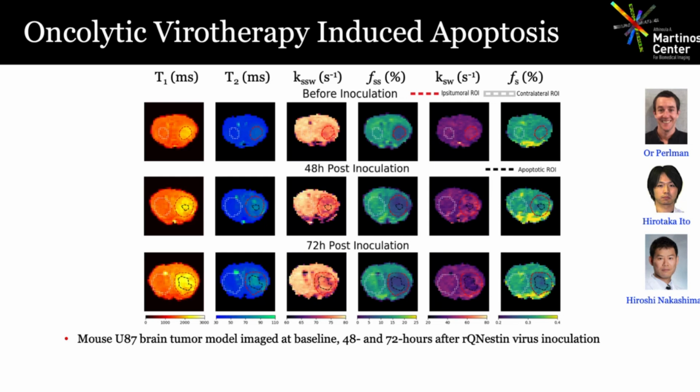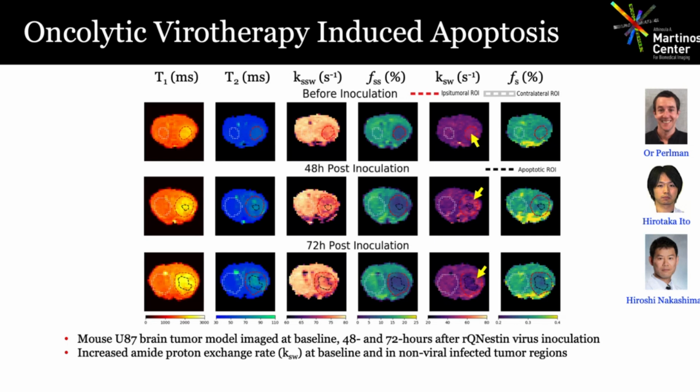And what you can see in the amide exchange rate, is there a pointer? Anyway, the tumor here, you see the exchange rate is slightly elevated at baseline. And also at the later time points in non-viral infected tumor regions, the exchange rate is elevated.